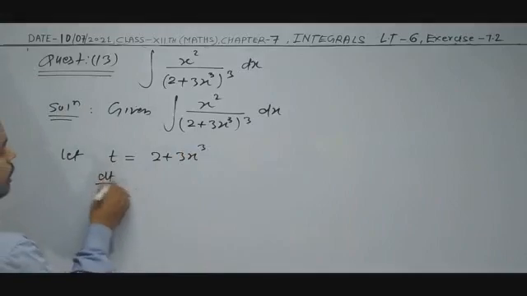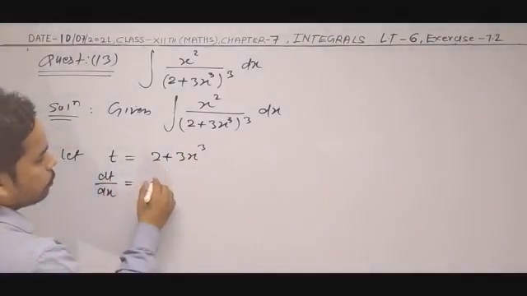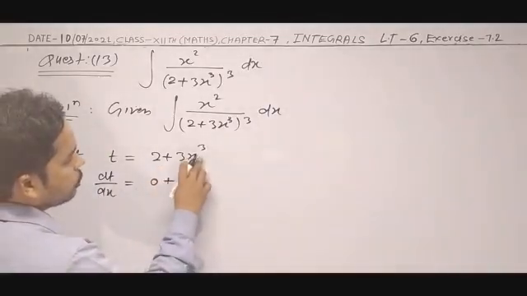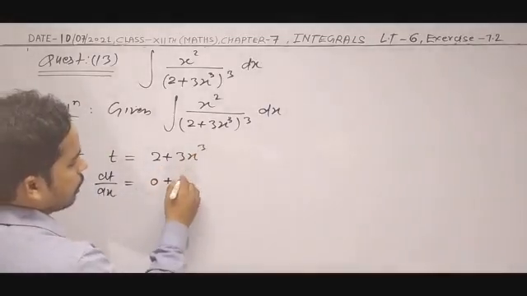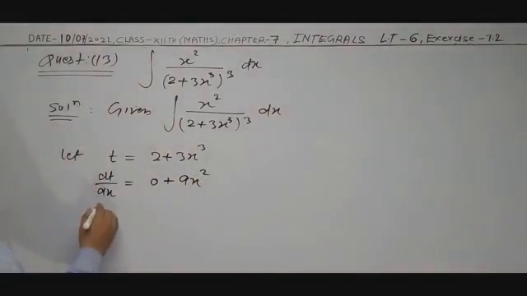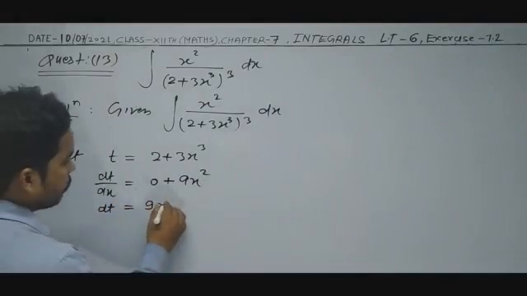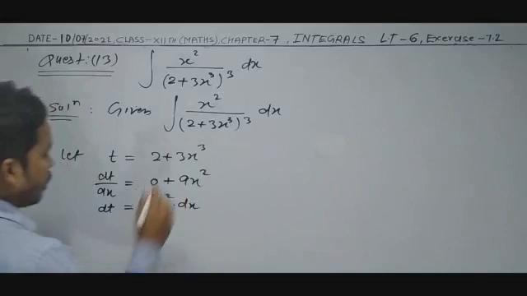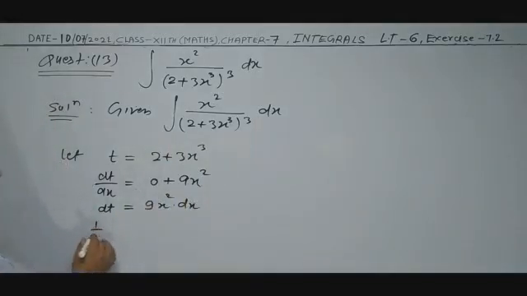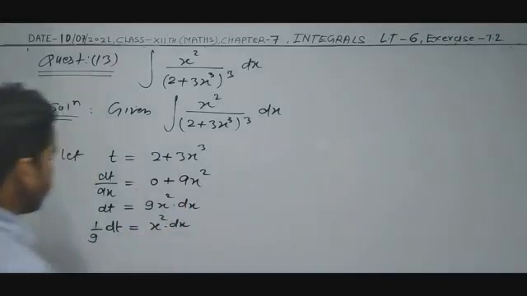So dt by dx will be d by dx of 2, which is 0, and d by dx of x cube, which is 3x square. So this will be 9x square. Now dt can be written as 9 times x square dx. So this can be written as 1 by 9 dt is equal to x square dx.